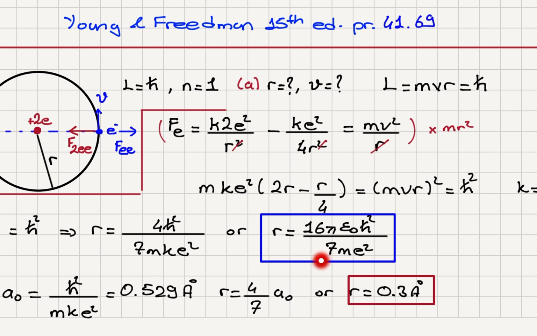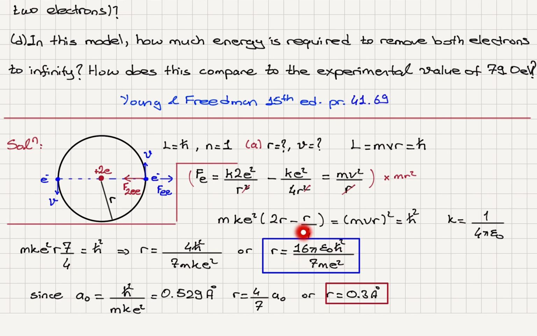This allows us to calculate the radius of the orbit in units of the Bohr radius, h bar squared over m k e squared. This is actually 4 over 7 times the Bohr radius, 0.3 angstroms.